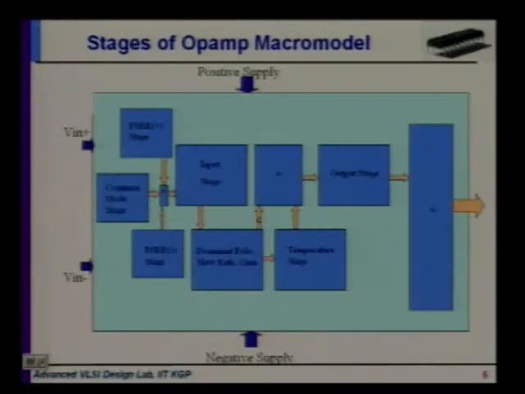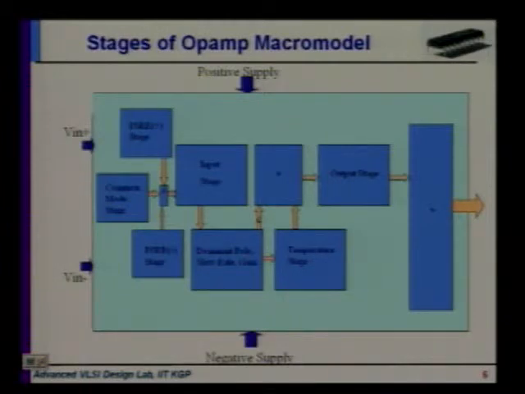Suppose for an op-amp, these are the stages which are going to be modeled. For that two-stage op-amp, you have already designed the open loop gain, dominant pole, gain bandwidth, slew rate and common mode range, common mode rejection ratio, these things we have derived from the specification.